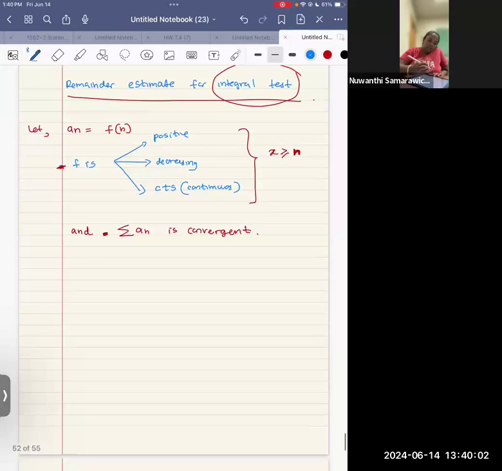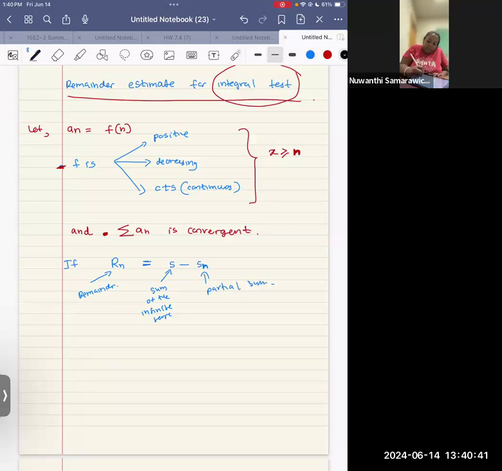And then the remainder, we write it as capital R, this is called the remainder. It is equal to S minus Sn, where S is the sum of the infinite series and Sn is the partial sum.